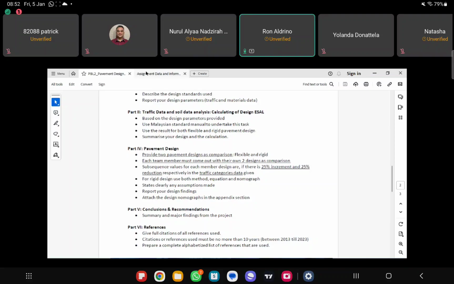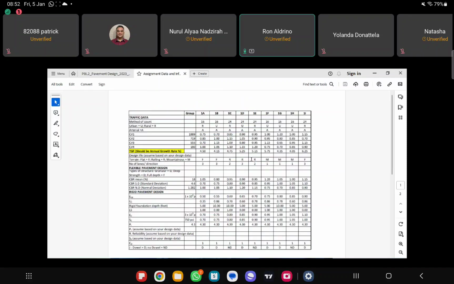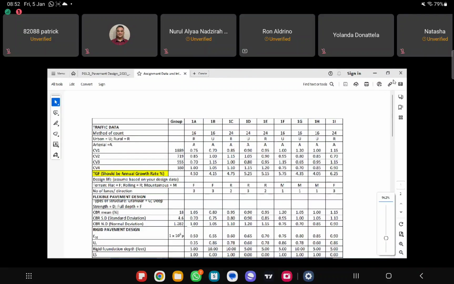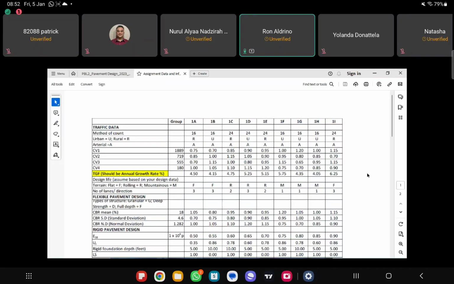When we look at the assignment data, I do not know whether you all have gone through this data. If we take group 1A, for example, first of all, how do you get the traffic data, the actual traffic data?